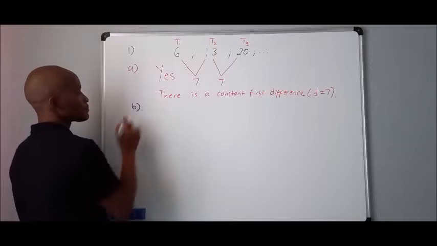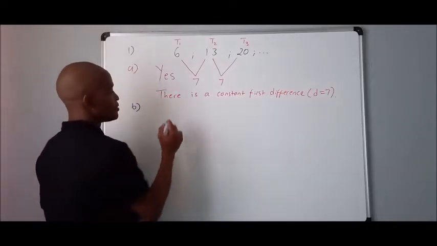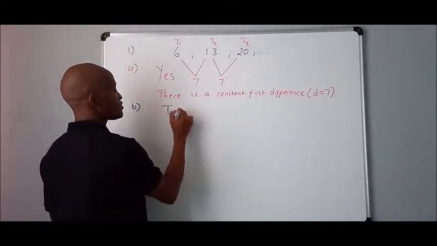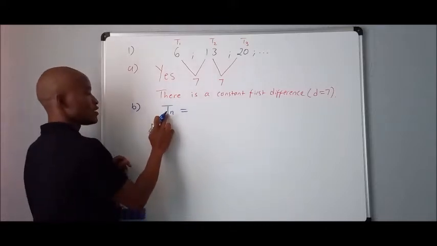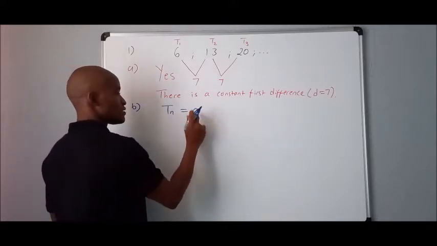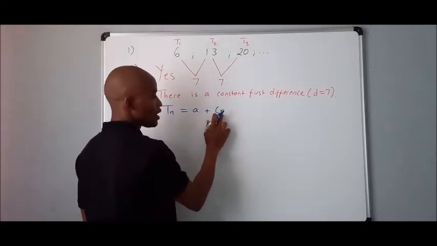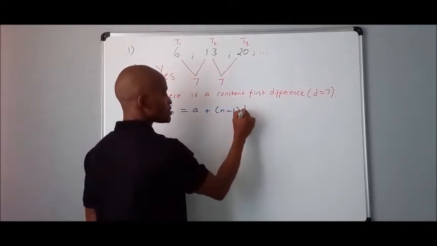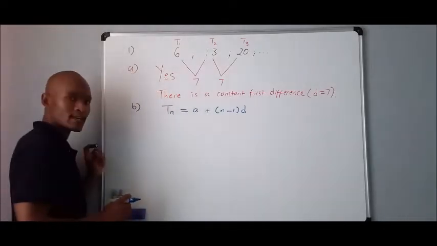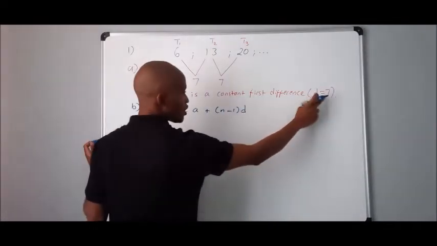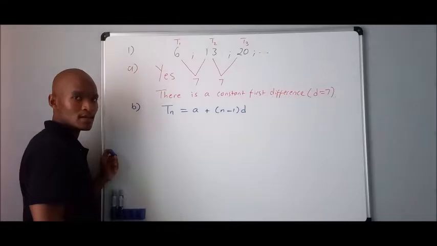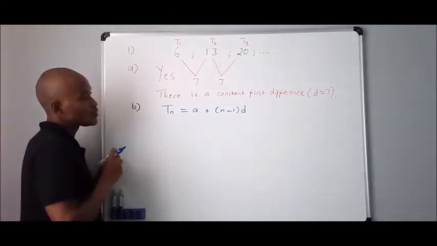So B, we are looking for the nth term, and we understand that for an arithmetic sequence, the nth term is expressed as the first term plus n minus 1 times d. Okay, d being our constant difference there. So now, how do we proceed?